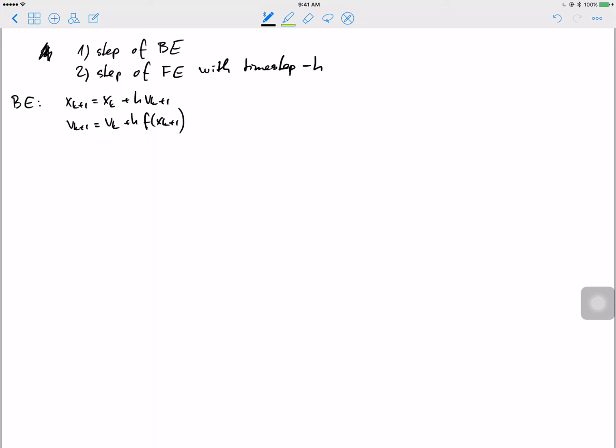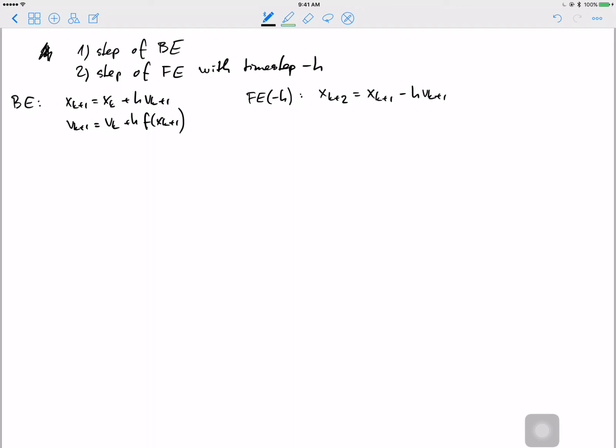So xk, vk were my initial conditions. I computed the backward Euler update rule, xk plus 1, vk plus 1. And then the second thing I do is forward Euler with minus h. That means I compute some xk plus 2, which starts at xk plus 1 and then updates with minus h, because I said the time step is going to be minus h, vk plus 1.